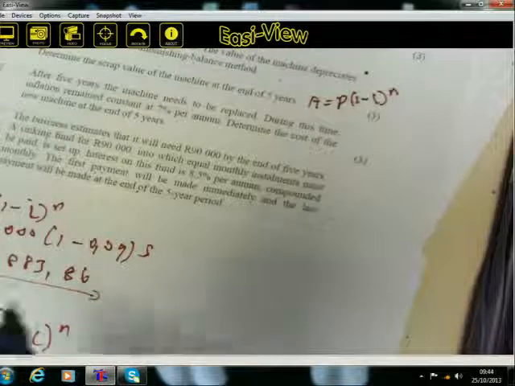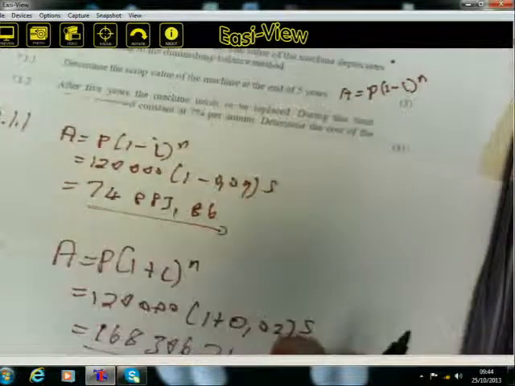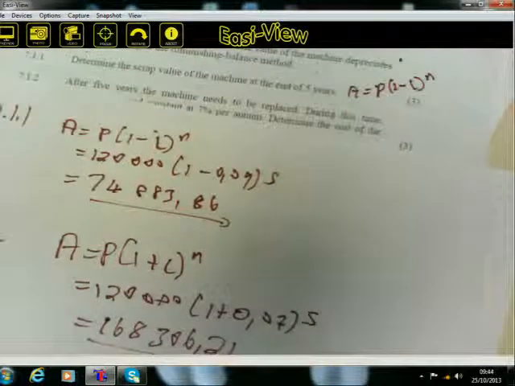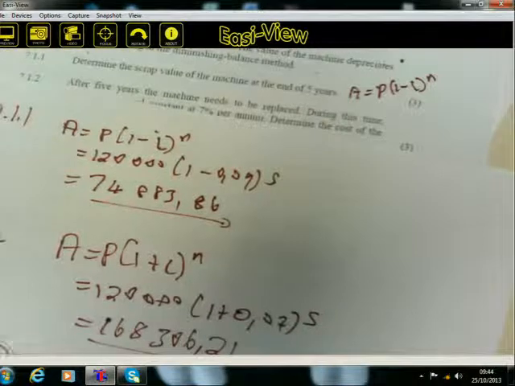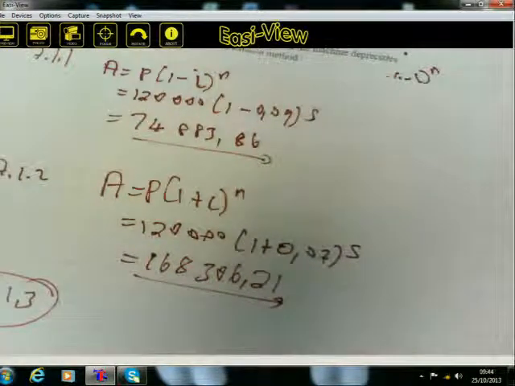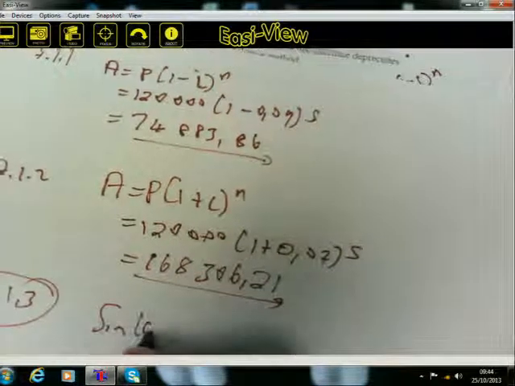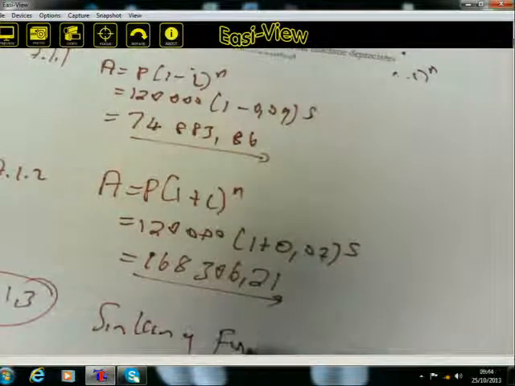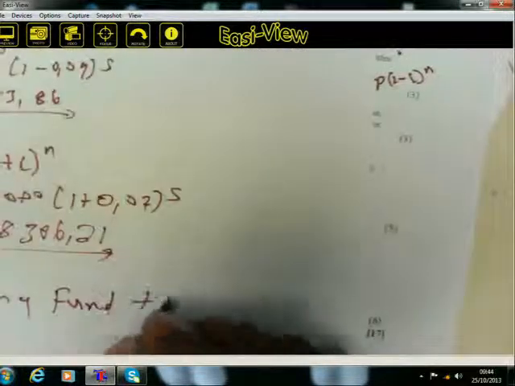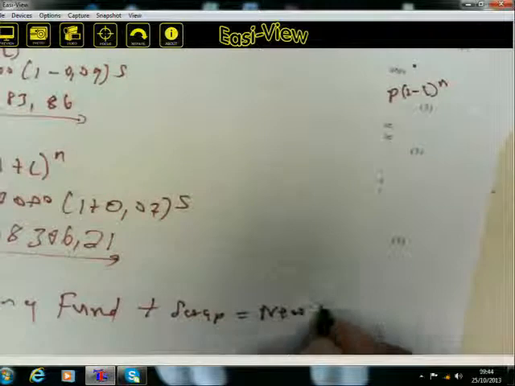Right. Now, before we answer the question, good people, when you look at the last two questions, 7.1 as well as 7.2, you'll find that most of the time, especially when you find the sinking funds, sometimes they'll ask you what will be the amount that will be needed in the sinking funds. You remember that the sinking funds plus the scrap value must give us the new cost.